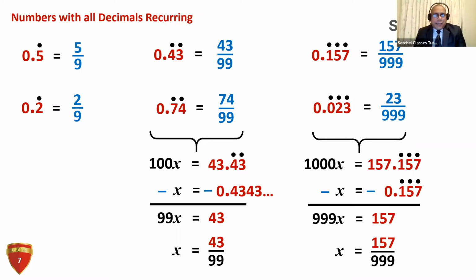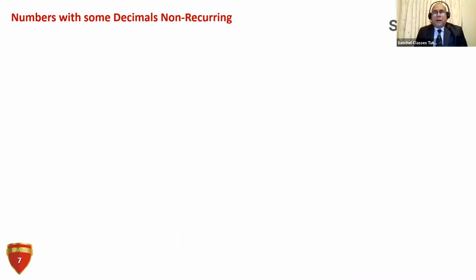Finally, we'll look at how to convert recurring decimals into fractions if not all the digits are recurring. For example, look at the number 0.27 recurring: only 7 is recurring, 2 is not. The x method we just saw will help us solve this one. First, let x be this number.